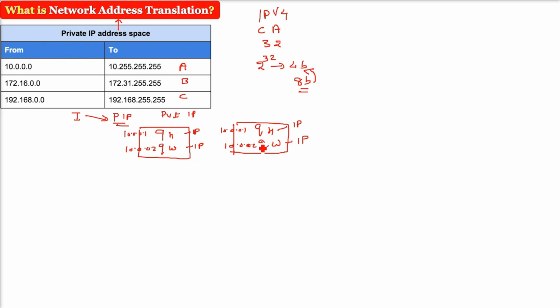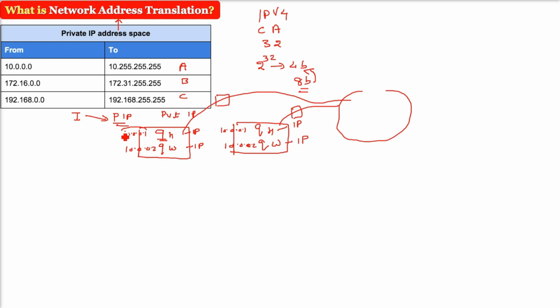Now imagine this is a big university, where there can be multiple private addresses. Everyone wants to get connected to the internet, but a private IP cannot be used in the public domain, or you can say the internet. So here comes the NAT, the router.